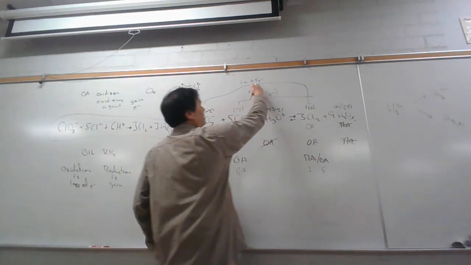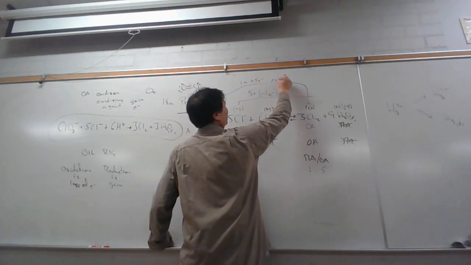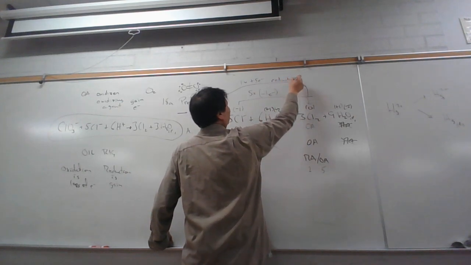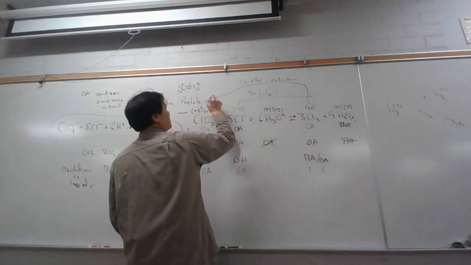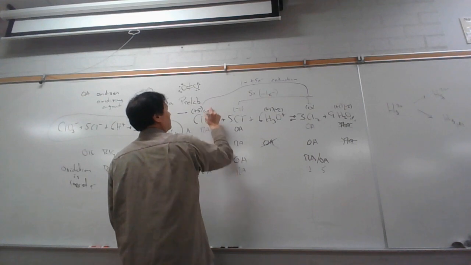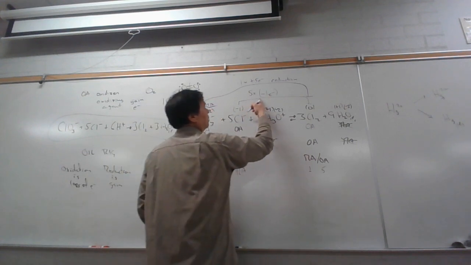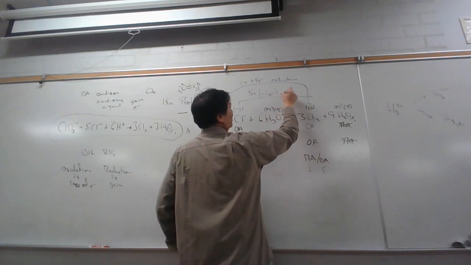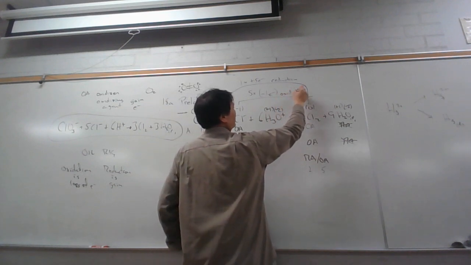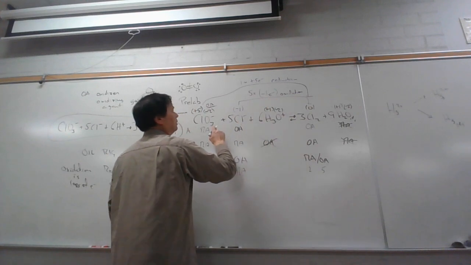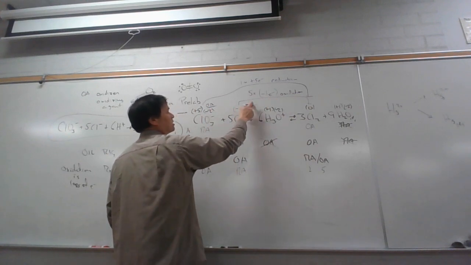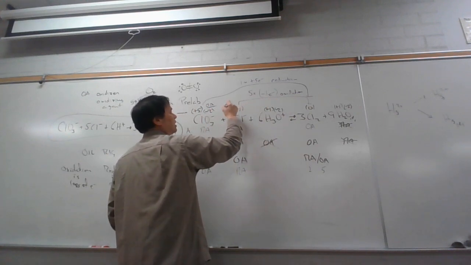So this is reduction, and the oxidizing agent undergoes reduction. And over here, this is oxidation. It didn't oxidize itself; the oxidizing agent oxidized it, and therefore this is the reducing agent.